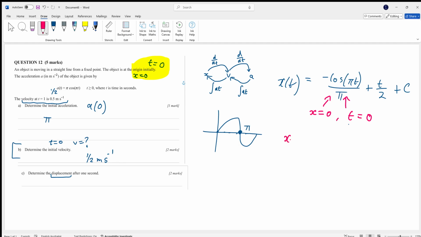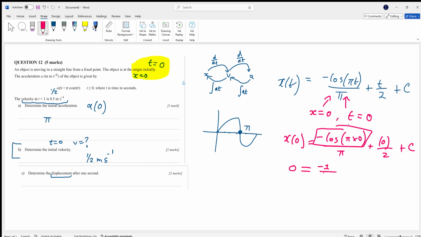So here, x of 0 equals negative cos of pi times by 0 over pi plus 0 over 2 plus c. Now I know that is 0 there. Now cos of 0 is not 0. Cos of 0 is 1. So this top term here turns into negative 1. So I have 0 equals negative 1 over pi plus 0 plus c.